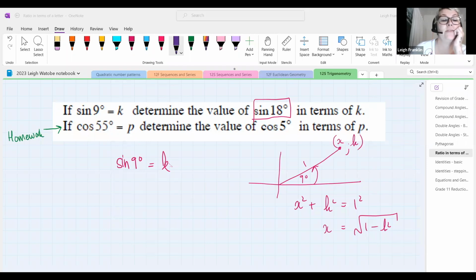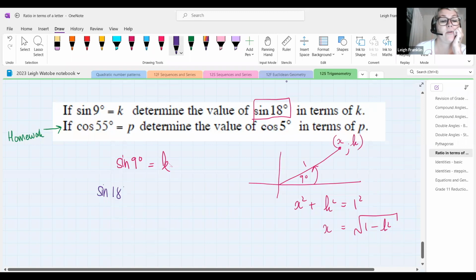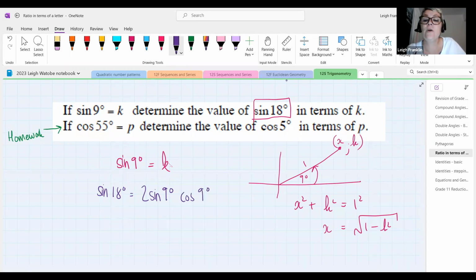Yes, quite right. My internet is unstable at this moment, but that's okay. So sine 18, you would write this as, good, Pinga, 2 sine 9 cos 9. And you see, this is why your diagram is so important, because now you've got your diagram in terms of 9 degrees.